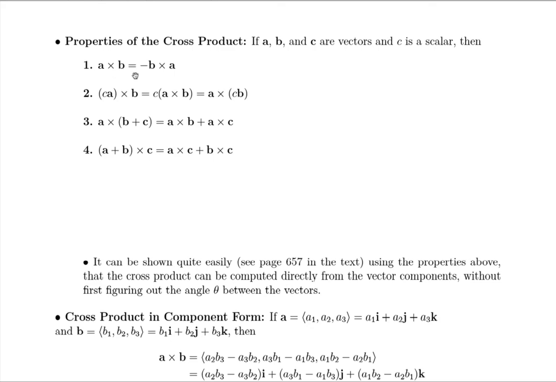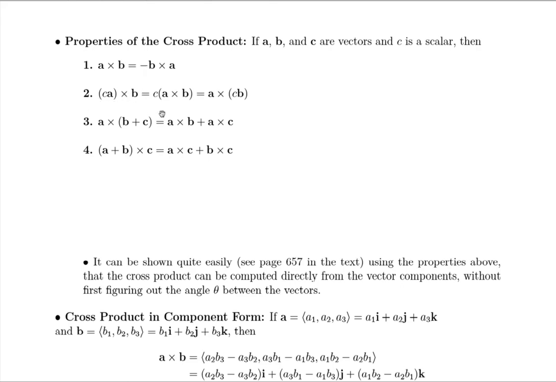When you switch the order of your cross product, it actually changes the sign. But that makes sense, because remember what happened in our first example when we were trying to determine if the cross product stuck out of the page toward us or into the page away from us? They're going in opposite directions when you switch that order.